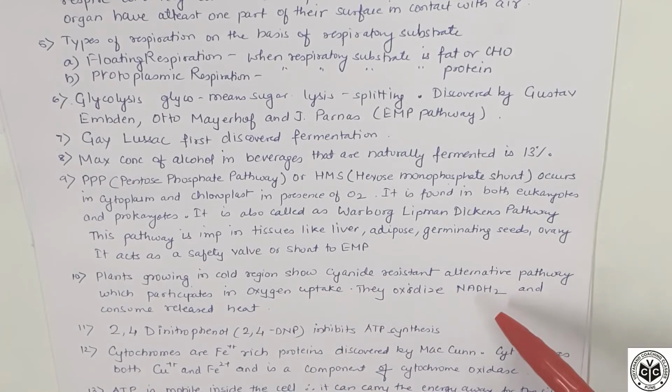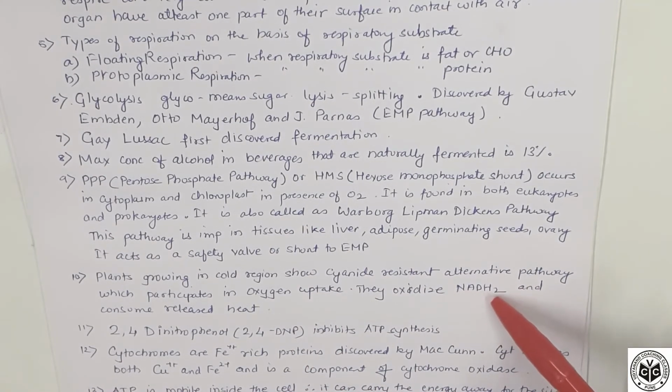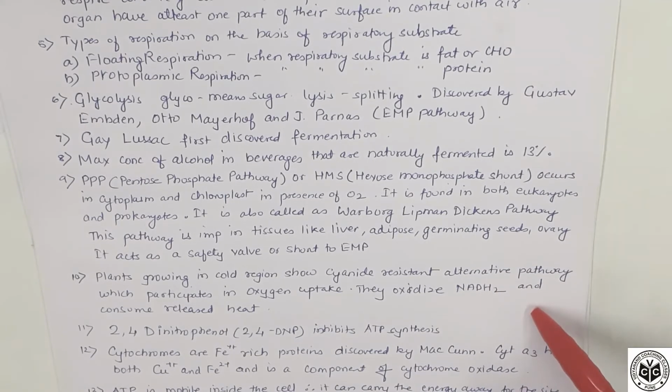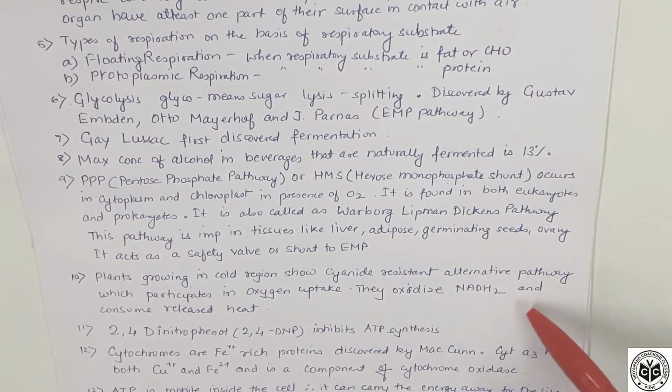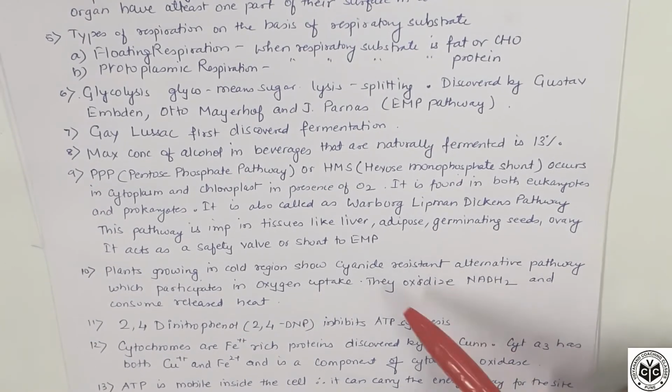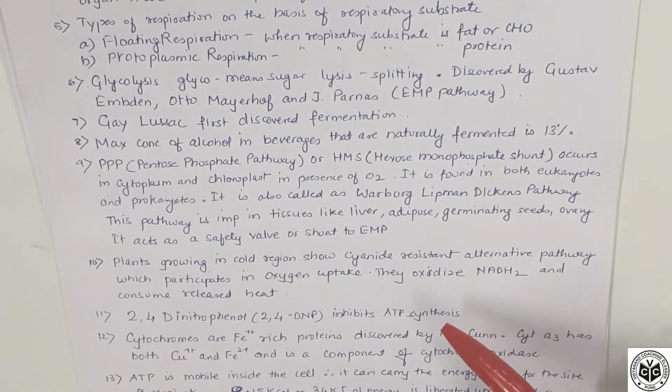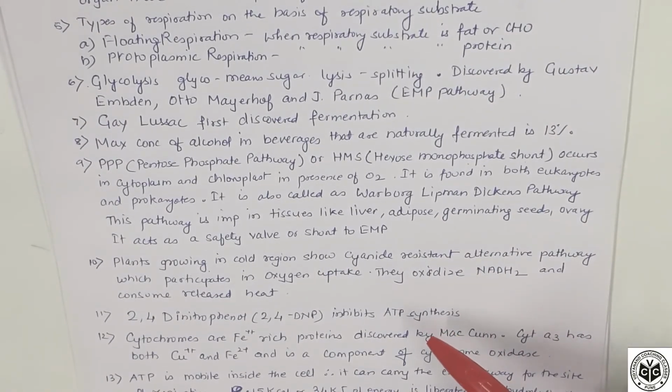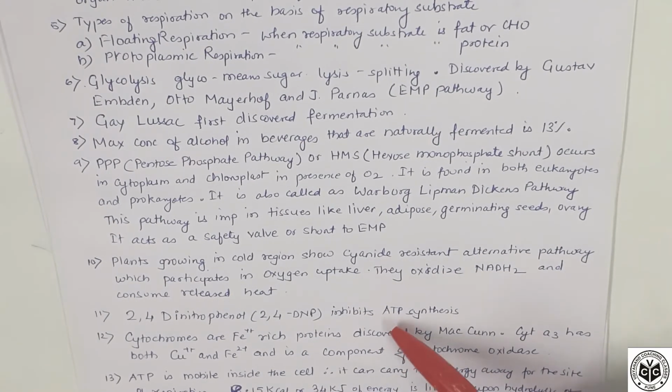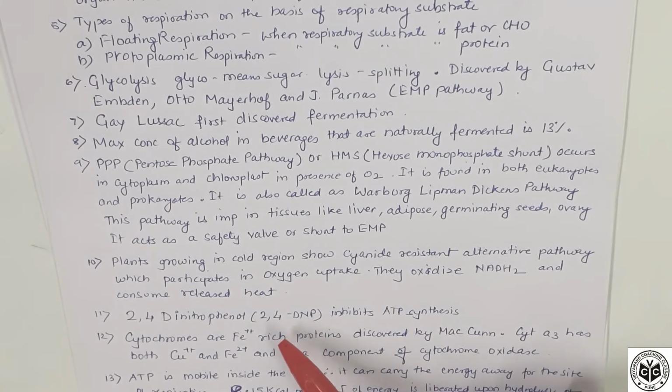Now as I told you before, when NADH2 is oxidized, that is when hydrogen is removed, energy is released, and that energy is used by the crops or the plants growing in the temperate regions. Temperate region means a region which has low temperatures. Then 2,4-dinitrophenol, 2,4-DNP, inhibits ATP synthesis.